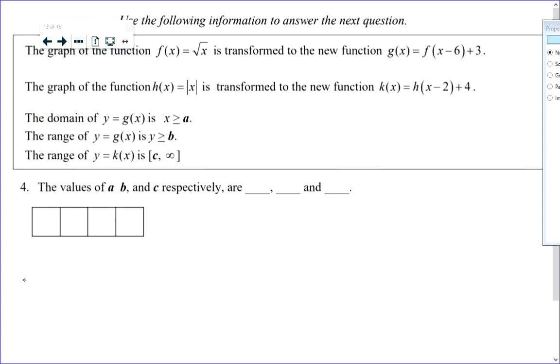All right, let's take a look at number 4. It says the graph of a function f of x equals root x. We'll come back to that in a bit, about what the function f of x equals root x looks like.